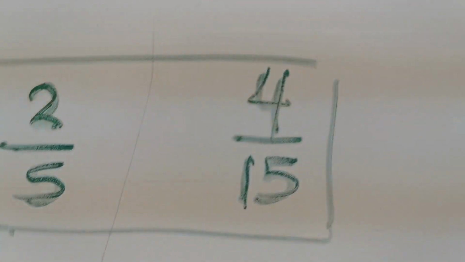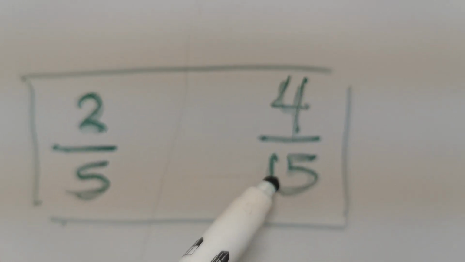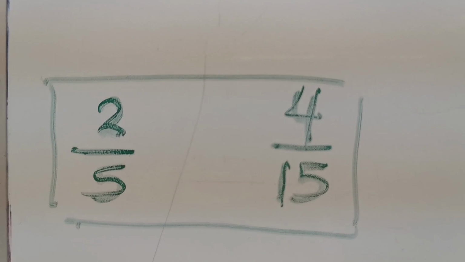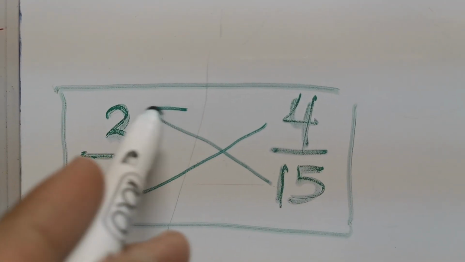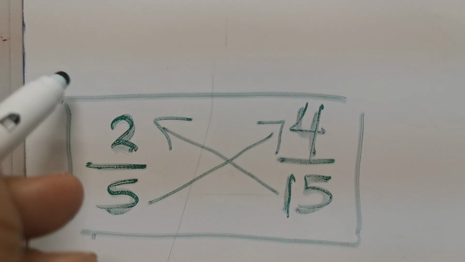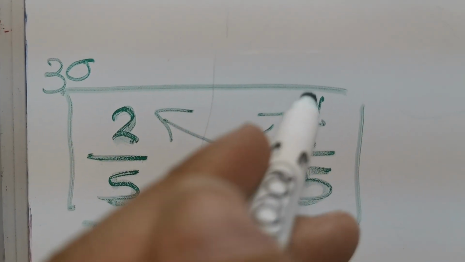Now we have 2 to 5 compared to 4 to 15, and as we know from before, I can write the ratio in fraction form. So this one is ready to be compared. How? By making a cross multiplication. 15 multiplied by 2 will give me 30. 5 multiplied by 4 will give me 20.